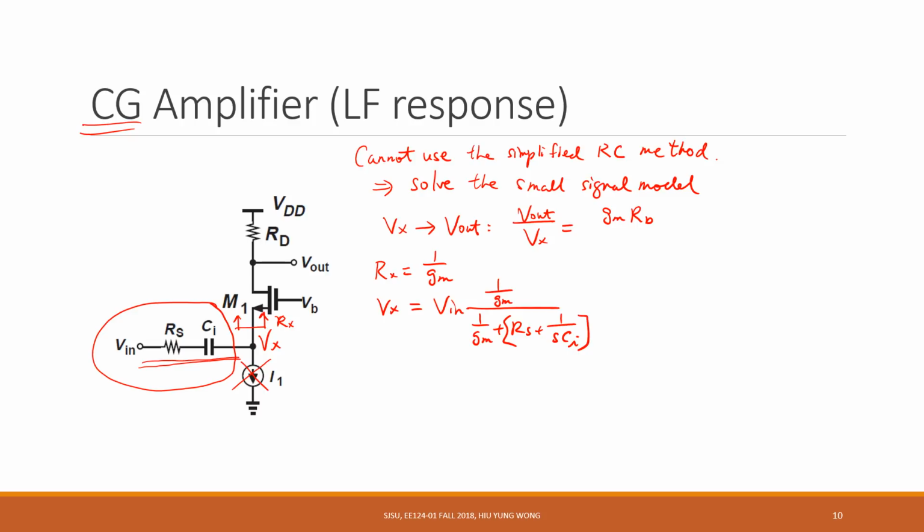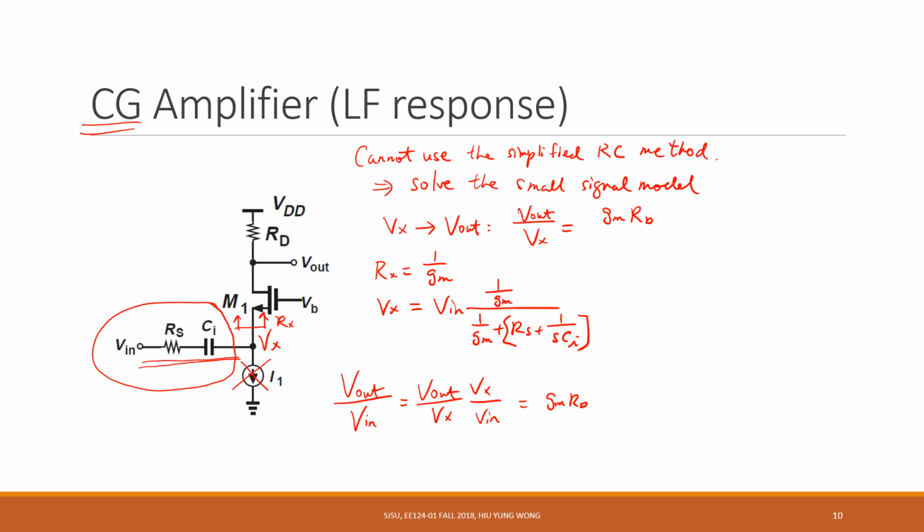Okay, so now I can plug this into here. My goal is to find out what is V out divided by V in. V out divided by V in equals V out divided by Vx times Vx divided by V in, right? So what is V out divided by Vx? We already said that is Gm Rd. What is Vx divided by V in?